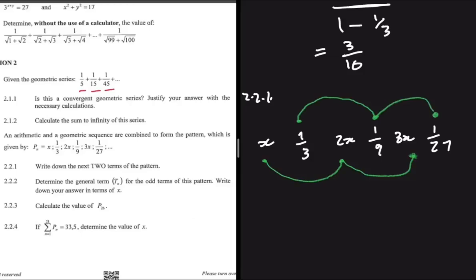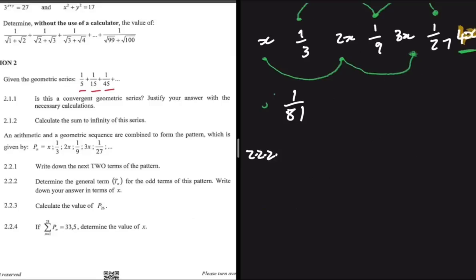So the term that is coming next here is a term in the arithmetic sequence, right? After 3x, we should have 4x. So in this position we're going to have 4x. And then after 4x, we're going to have a term in the geometric sequence, which will be 1 divided by 81.